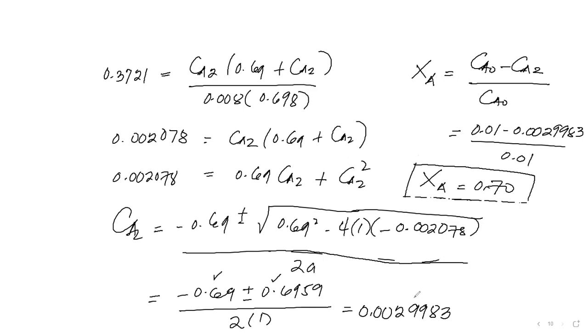Okay, let's have another sheet. In the PFR, if you do material balance, the amount of R formed is equal to the amount of A converted in the PFR, which is CA1 XA2.